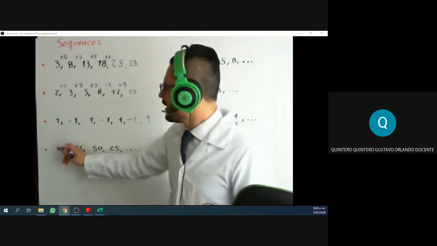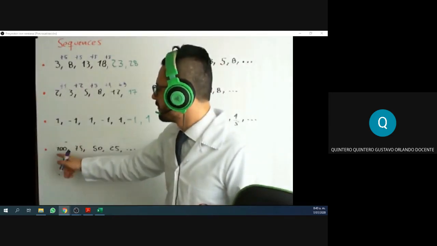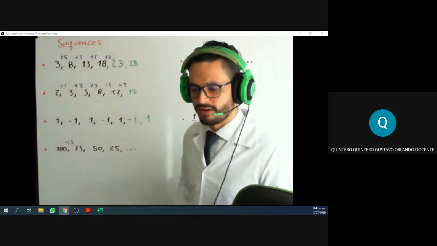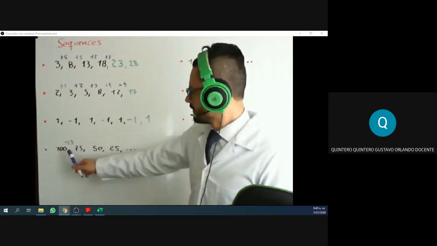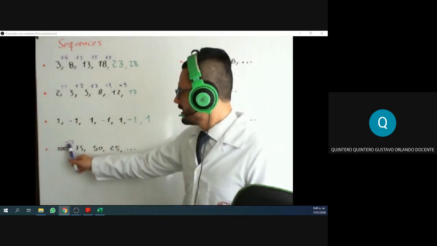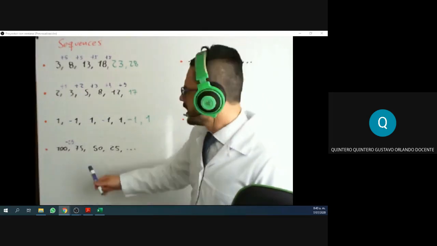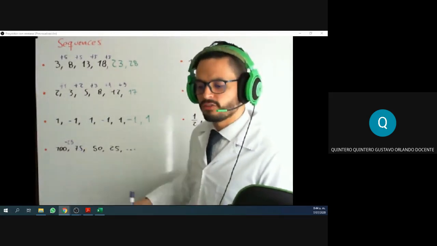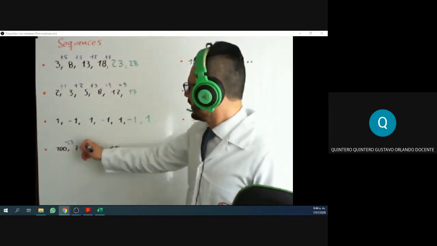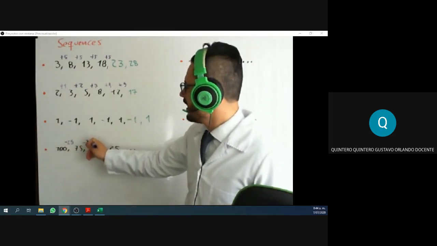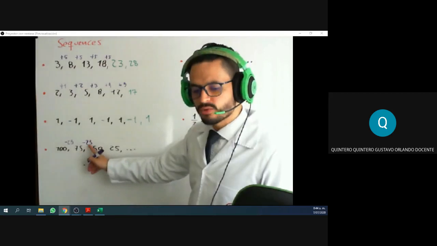From the first number, all I have to do to get the second one is subtract 25. 100 minus 25 is 75. What do I do from the second number to get the third? It happens that I have to do the same, minus 25. 75 minus 25 is 50.